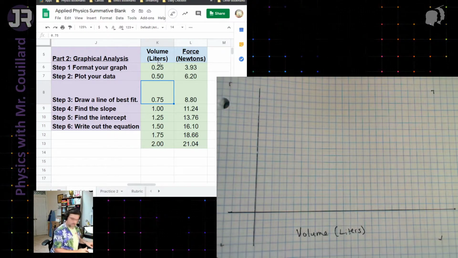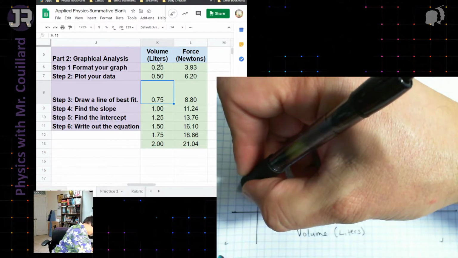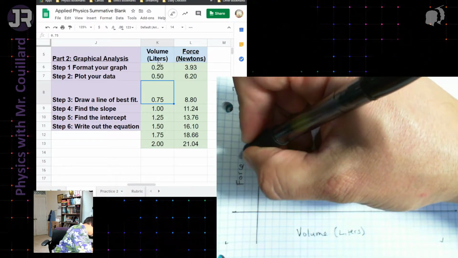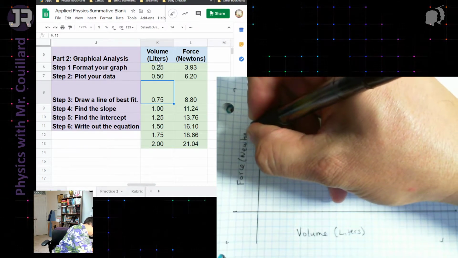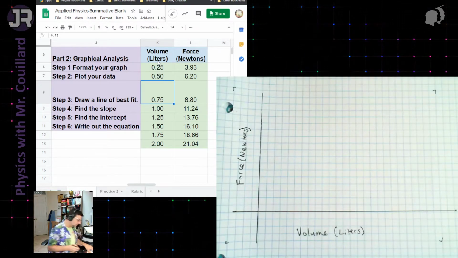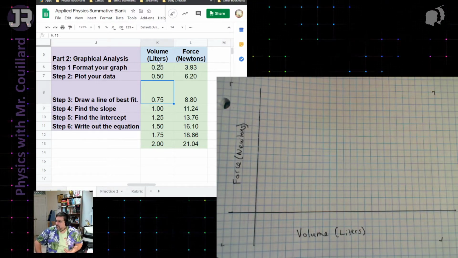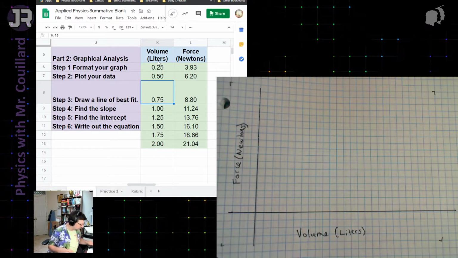And then our dependent variable, which is going to be force in newtons. And I'm writing out the units so that you understand what they are. If you want to use abbreviations, you could use capital L for liters and capital N for newtons.